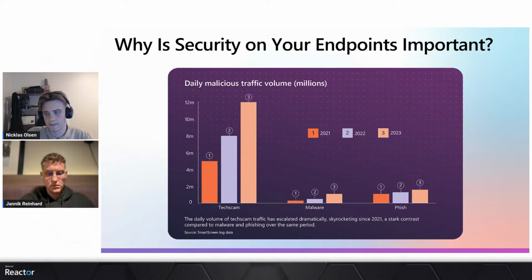So it's very important to think about maintaining security on your endpoints, because there is a lot of increase in attacks. This overview is just to give you an idea how important it is to protect your endpoints as well. And if you haven't used Microsoft SmartScreen before, I would highly encourage you to look into that as well.